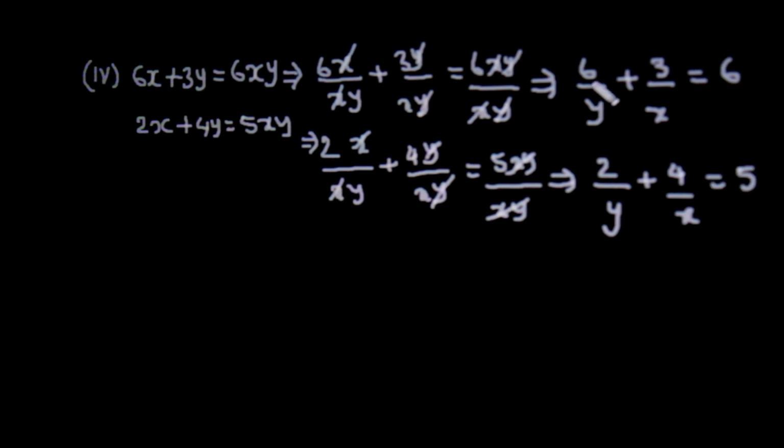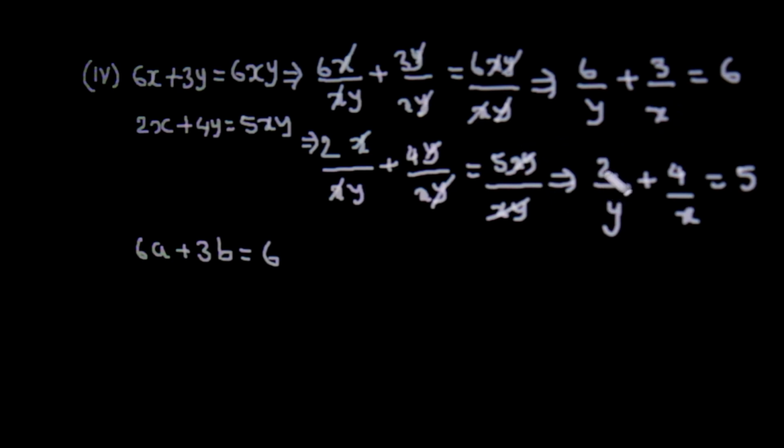I have already explained this, this can be written as 6 into 1 by y. This is 3 into 1 by x. Wherever you find 1 by y, write it as a. Wherever you find 1 by x, you have to write it as b. Therefore, this is 6a plus 3b is equal to 6.